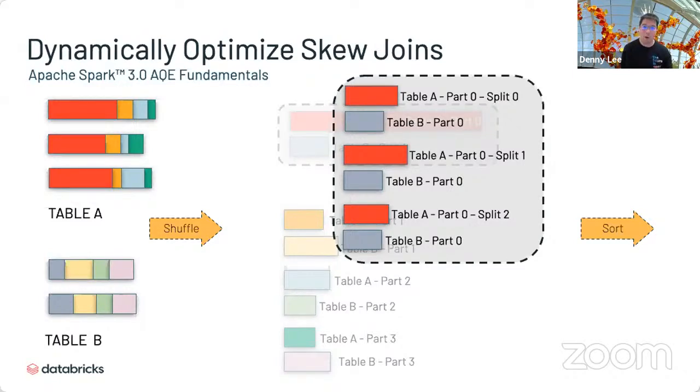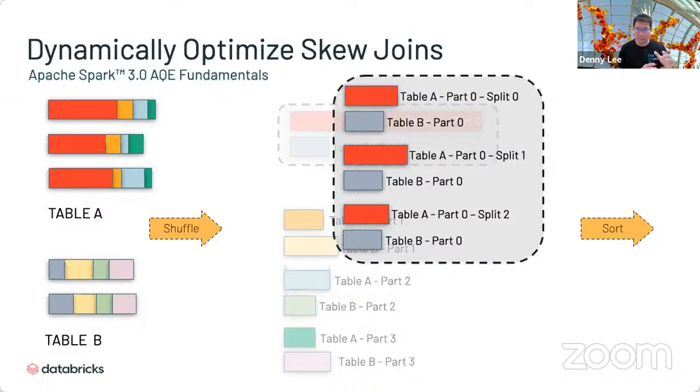So instead of one thread trying to access all of table A part 0, using this example, we'll split it into 3 automatically. By splitting into 3 automatically, the thread now has only approximately a third of the data to process. So yes, more threads are kicked in, but the point is they're all approximately the same size now.